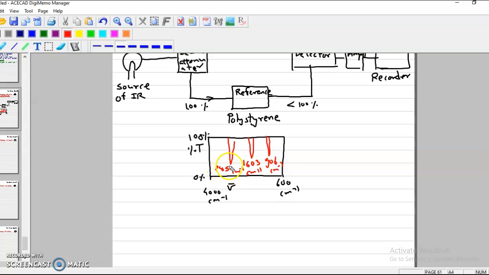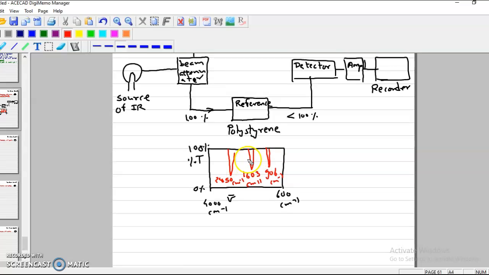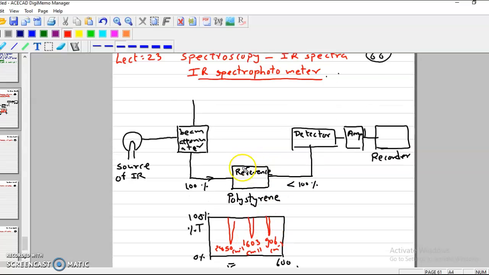The 2850 is due to CH stretching, 1603 is due to C double bond C stretching, and 906 is aromatic CH bending. So these three are the important bands which we observe when we take the polystyrene IR spectra.